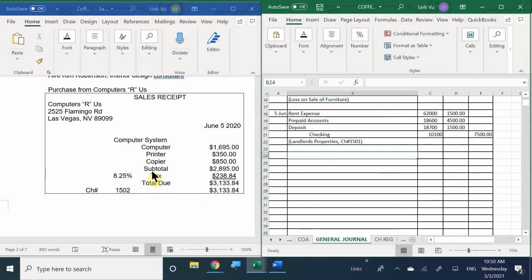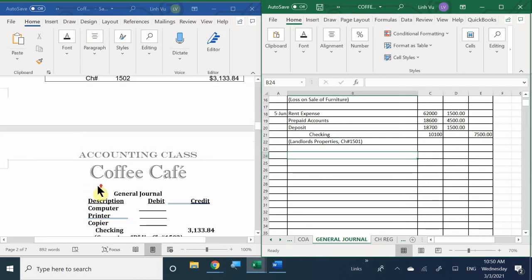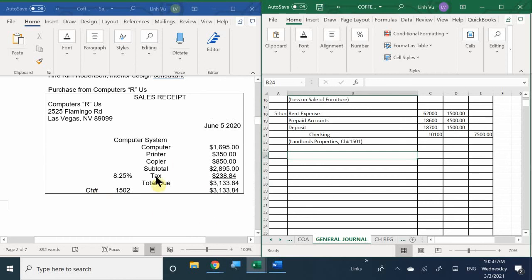Now we have to discuss how we are going to distribute the tax. Tax must be included in the total amount of the asset. I have listed right here a computer, printer, and a copier. Now, question to you: how much tax am I going to distribute to each and every single one? I have a grand total of $238.84 worth of tax.